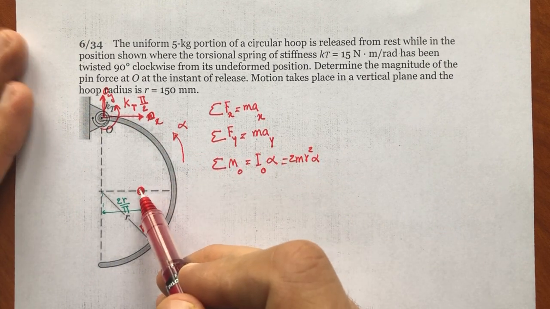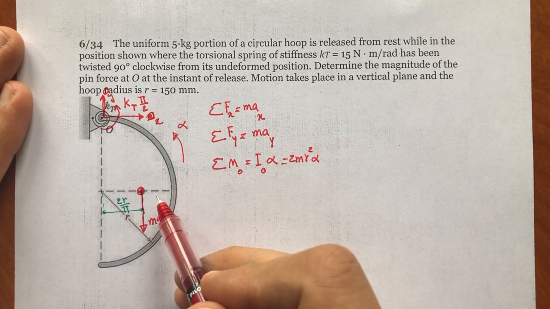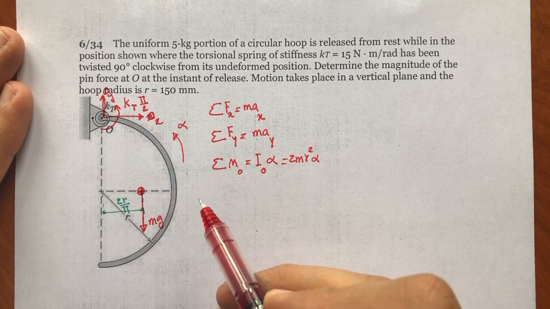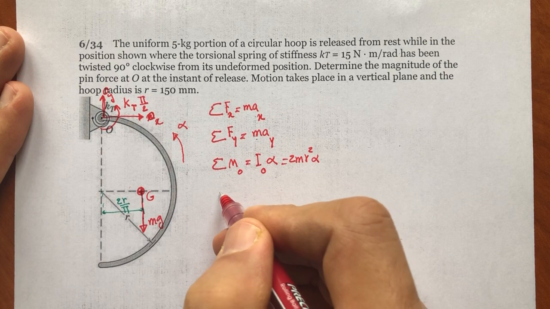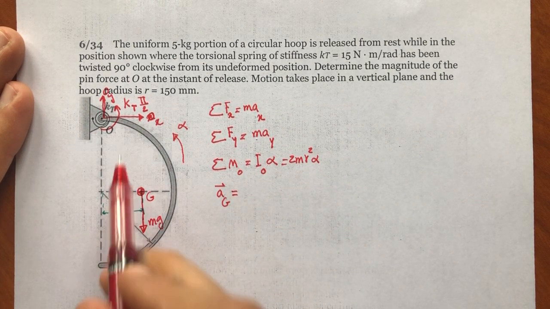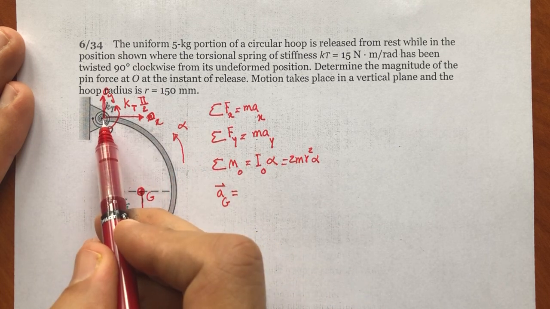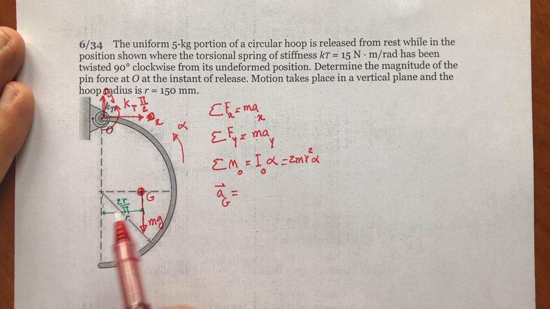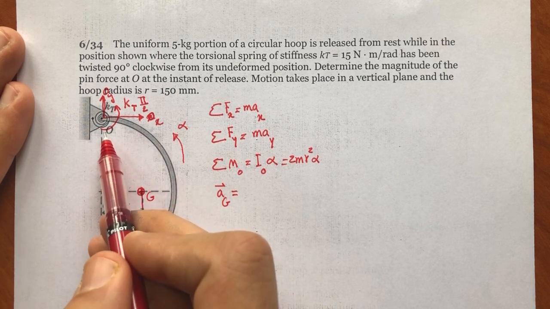Ax and Ay, the acceleration of the centroid, are not independent from alpha. They are related to each other, right? What is the relationship between them? Because the centroid is moving on a circle about the center O, its acceleration is going to have 2 components, tangential and normal.